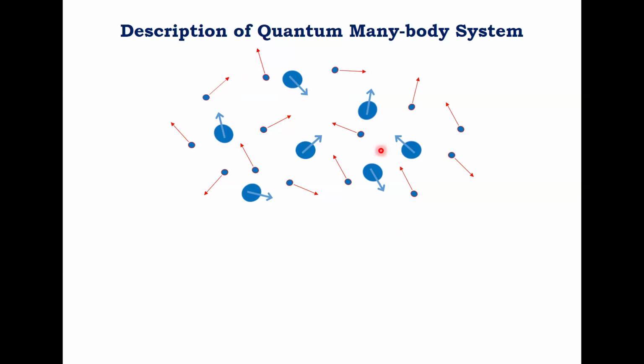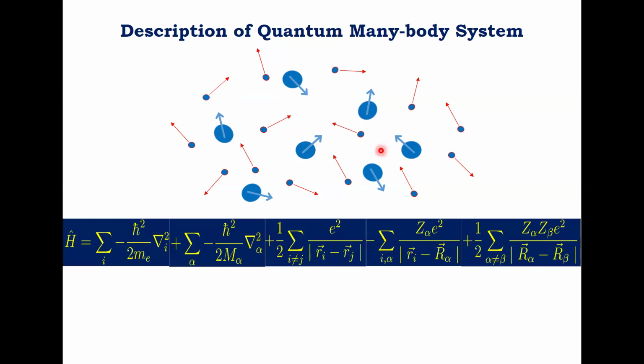This can be done by writing the equation. First, you have to write the Hamiltonian for that real physical system of nuclei and electrons. The Hamiltonian is just a combination of different energies, and it has five different energy parts in this many-body Hamiltonian.